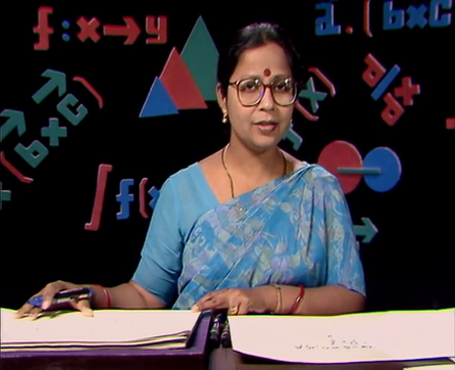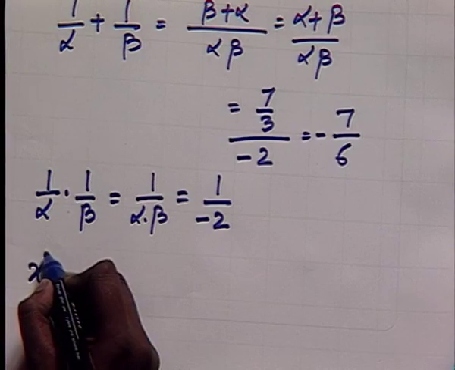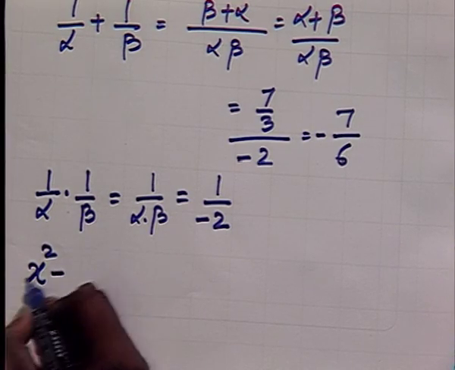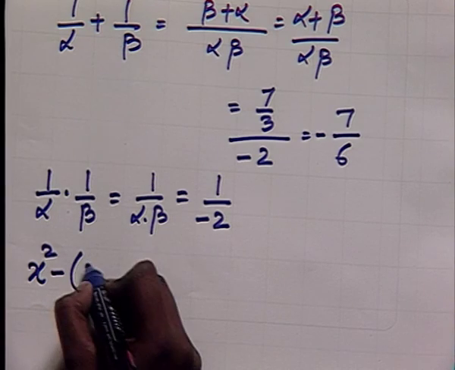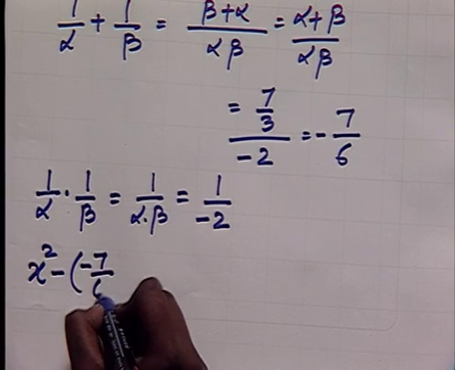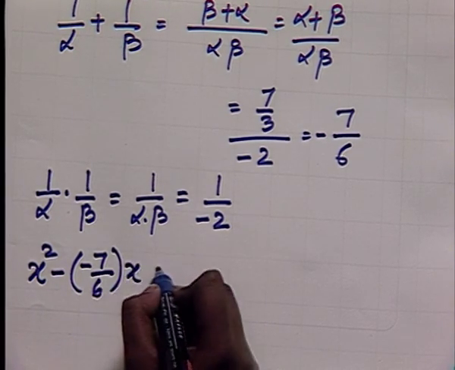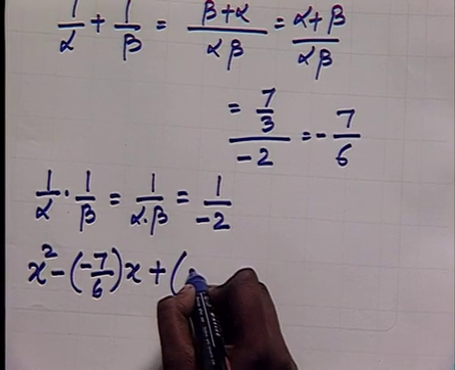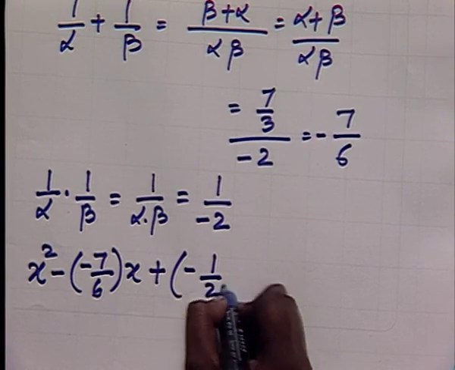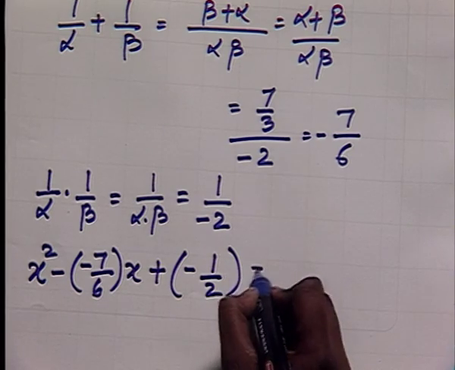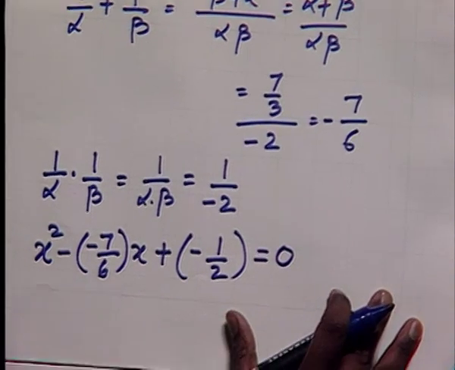Yes. The equation in this case will be x square minus the sum of the roots, that is minus 7 upon 6 into x, plus the product of the roots, that is minus 1 upon 2, equal to 0.